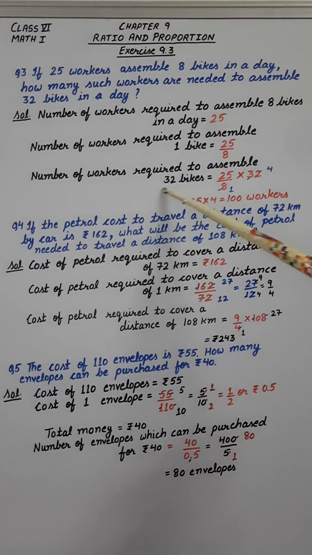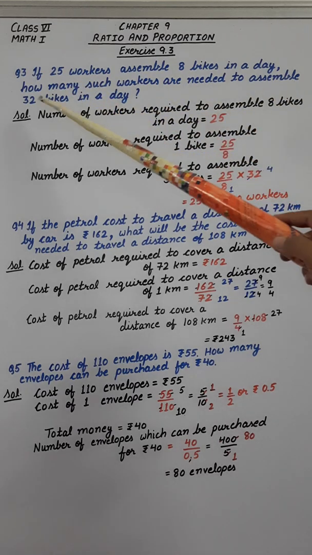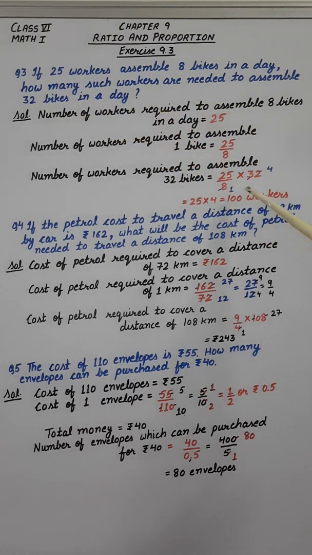Now we are calculating for 32 bikes, so we do multiplication. Now let's reduce these numbers. 8 ones are 8, 8 fours are 32, 25 multiplied by 4, the result is 100 workers. So 100 workers are required to assemble 32 bikes in a day.